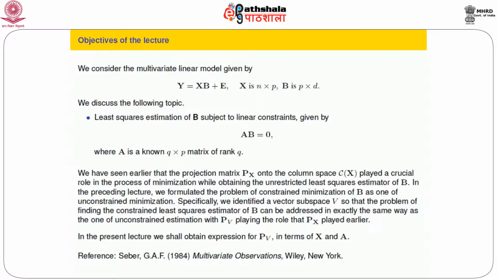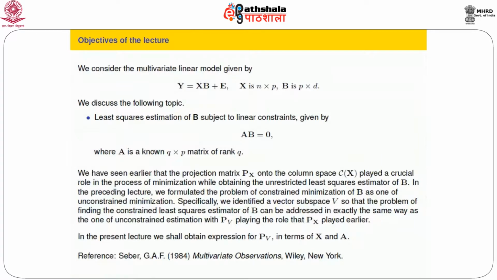We have already stated in the introduction that this is the model y is equal to xb plus e, and we are addressing the question of least squares estimation of this parameter matrix B subject to this set of linear constraints given by AB is equal to 0, where A is a Q cross P matrix of rank Q, full row rank, and there is an additional assumption on the matrix X that we shall introduce at the appropriate time.